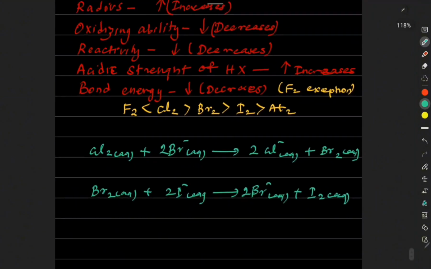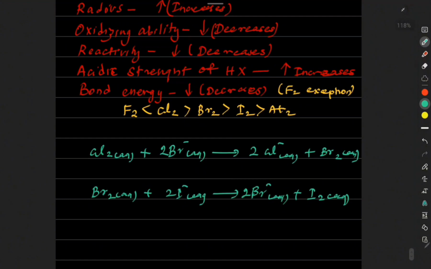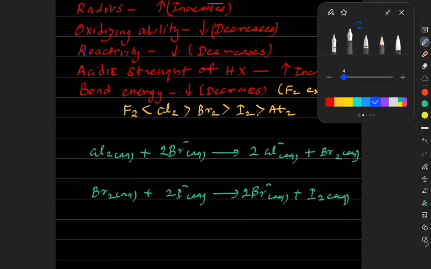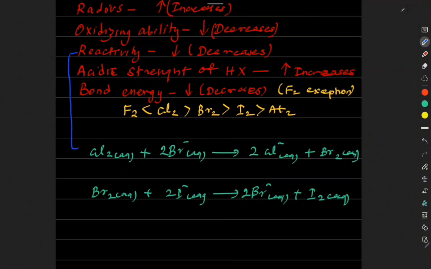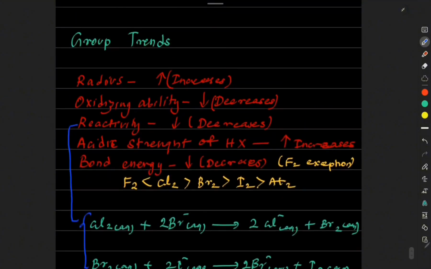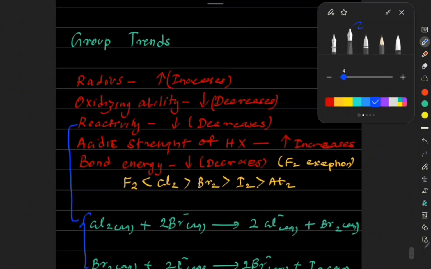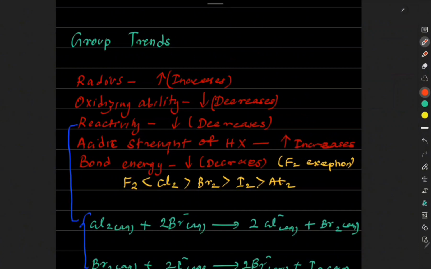This proves reactivity decreases down the group. There are five trends in our syllabus down the group for group 17 elements: 1, 2, 3, 4 and 5.